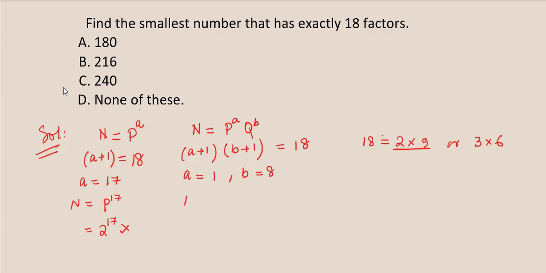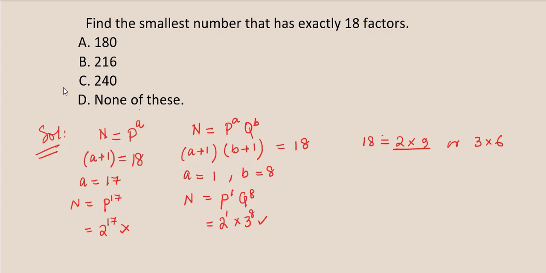So the possible number would be p to the power 1 and q to the power 8, and for the minimum number we consider the smallest prime number, 2. So 2 to the power 1 multiplied by 3 to the power 8. It's a very big number.